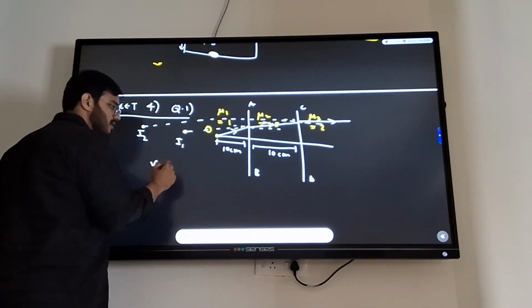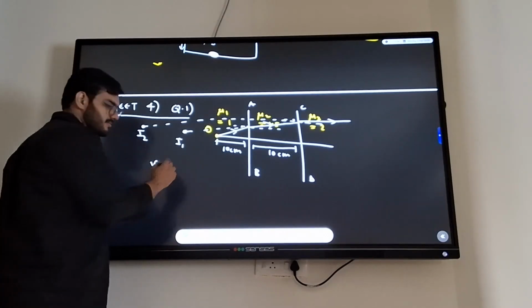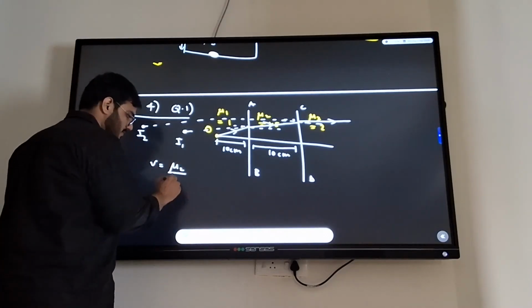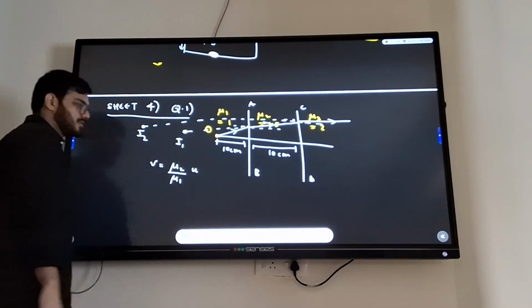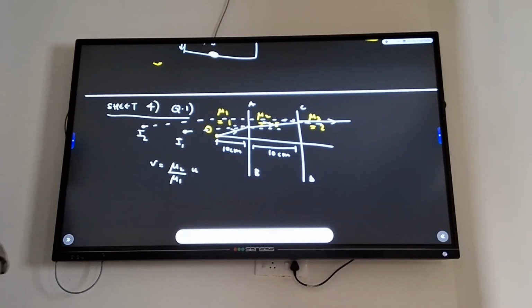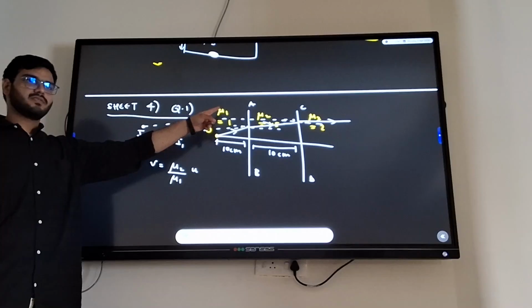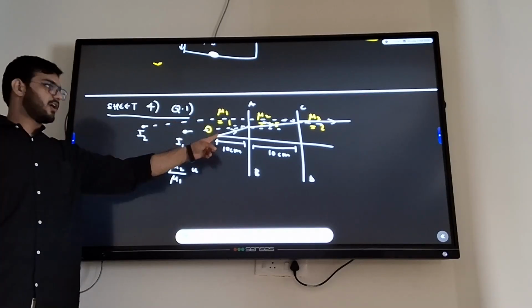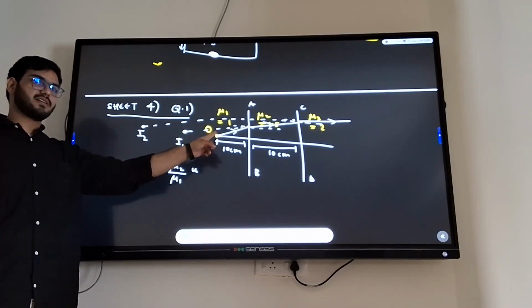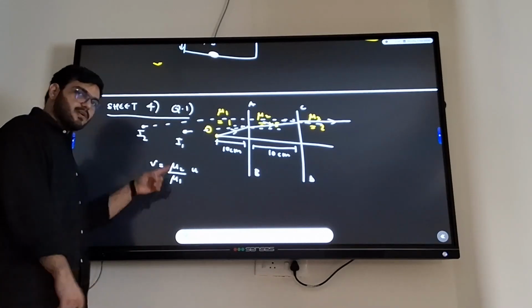V is equal to mu2 by mu1 into U. I should take mu1 as 1. Why? Because my object is placed here. That's why. So this formula is okay.